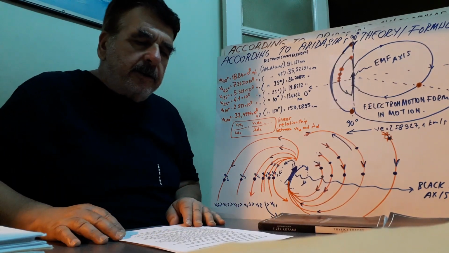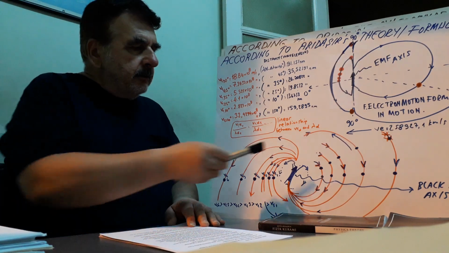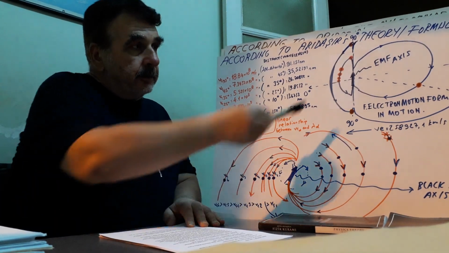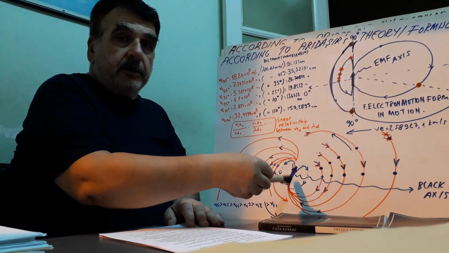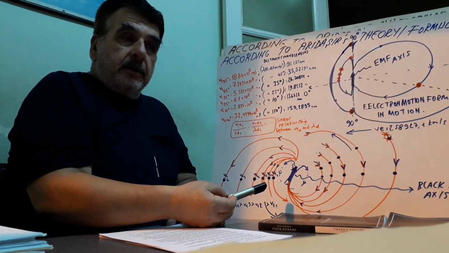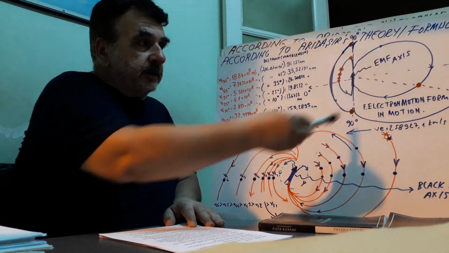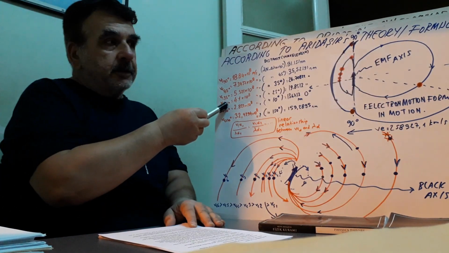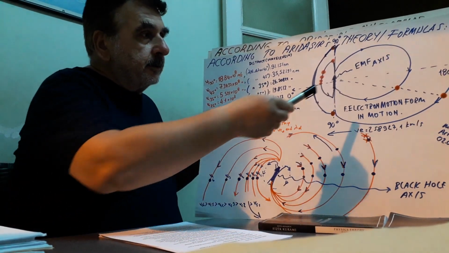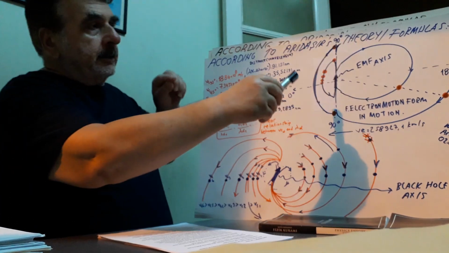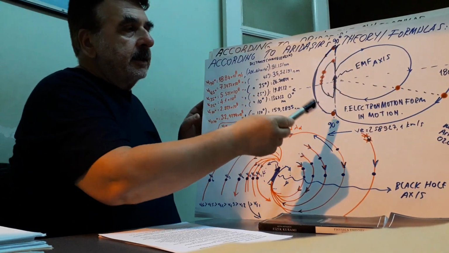When an electron motion form relocates or is in motion, at each point it is rotational, axis rotational, around axis rotational motion. This is linear motion. In this position, remember from my former videos, like this, two side.